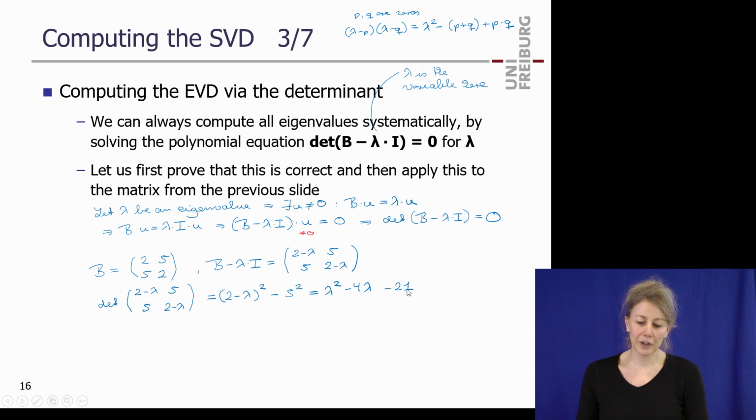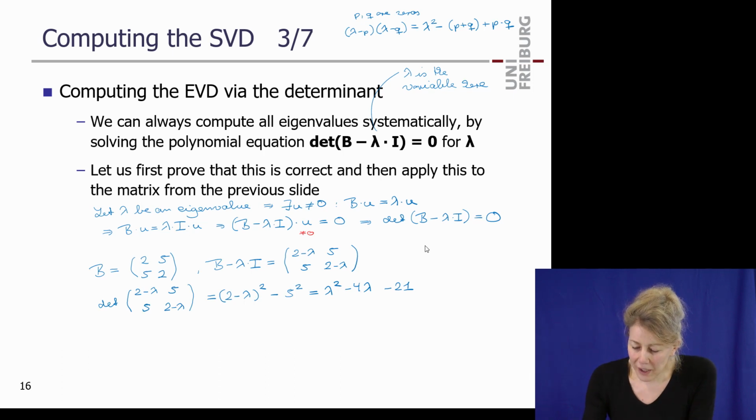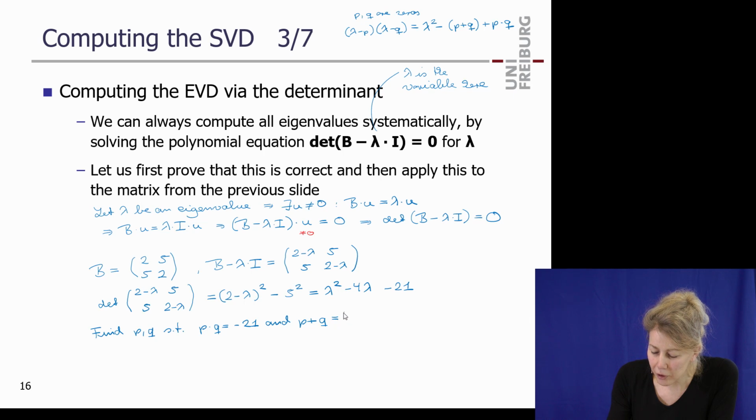I have to find two numbers so that the product is minus 21 and the sum is 4. No PQ formula: find P and Q such that P times Q is minus 21 and P plus Q, with a minus here, is 4.